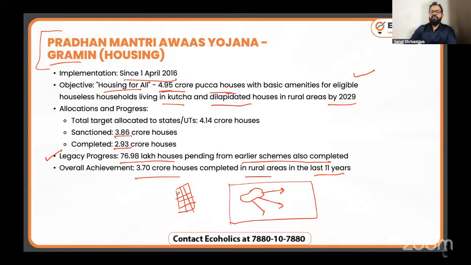So they never used to go there. But now in the Awas Yojana, in the urban areas as well, government made houses within the city. So that really helped. Okay. No, completed means given, inhabited. People are living.